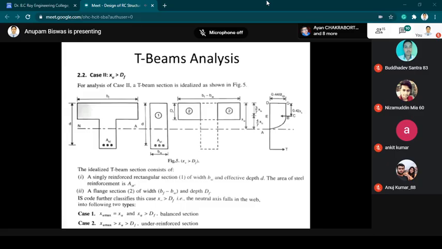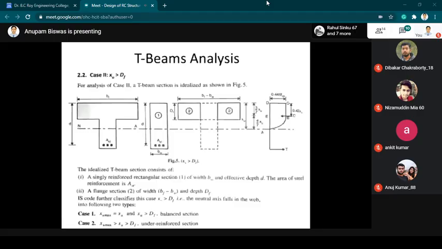Now again for this second case, the code has further classified this into two different cases. For XU more than DF, first we calculate the case for a balanced section, and second, the case for an under-reinforced section.